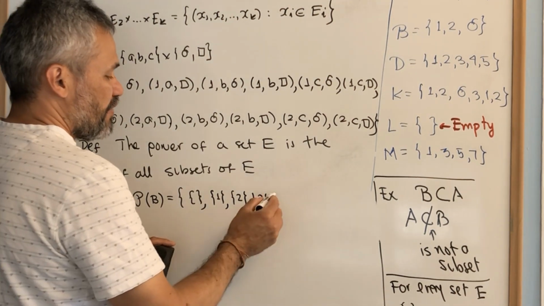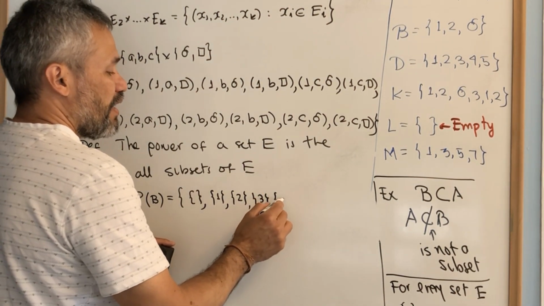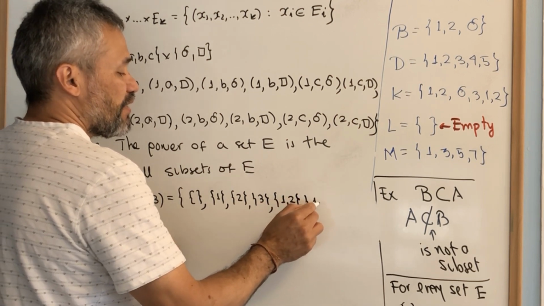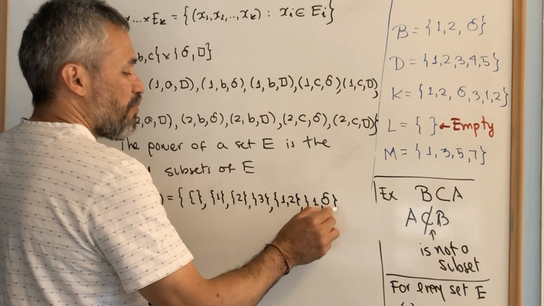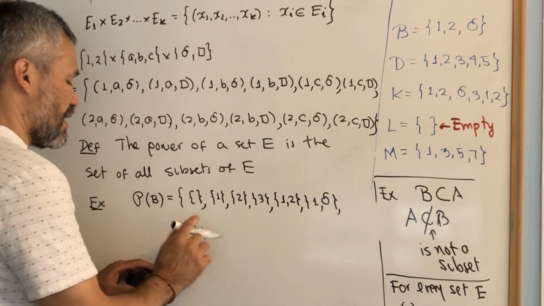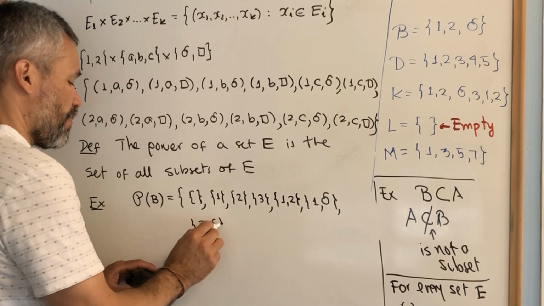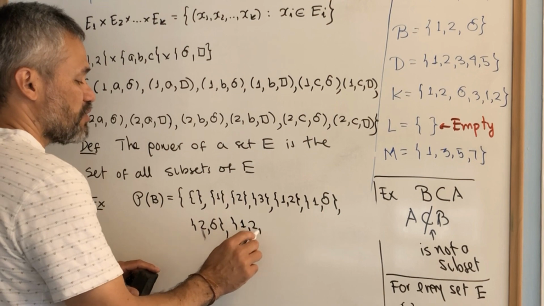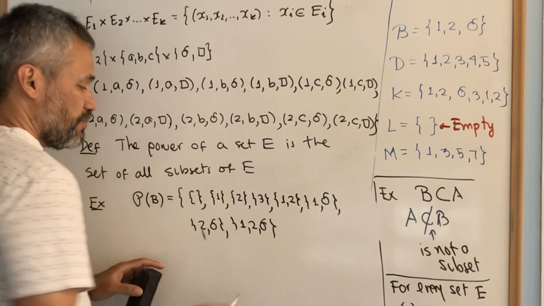And then we have the set with elements 1 and 2. The set with elements 1 and apple. The set with elements 2 and apple. And the set with elements 1, 2, and apple.